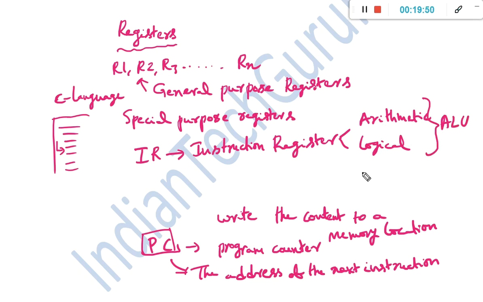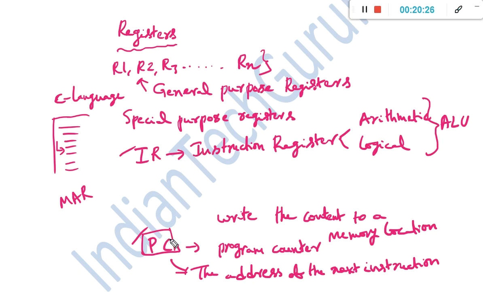Okay, so don't think that all of these, memory address register, program counter, instruction register, will occupy the same space. That is not correct. Their structure will be different. Whereas the general purpose registers will always be of the same size, the special purpose registers will occupy different sizes according to the requirement.